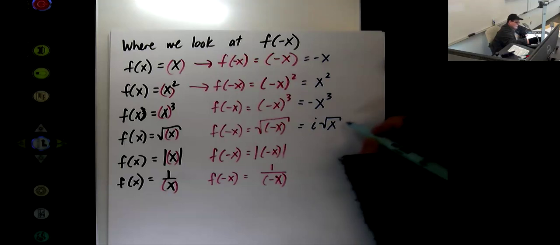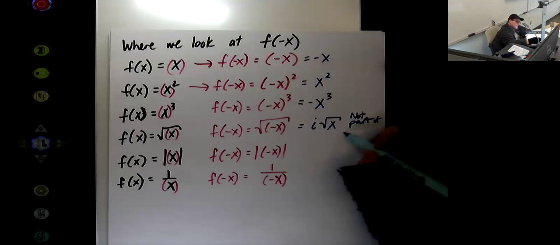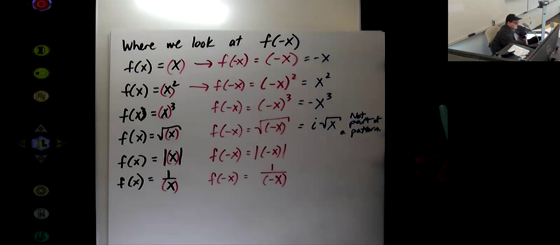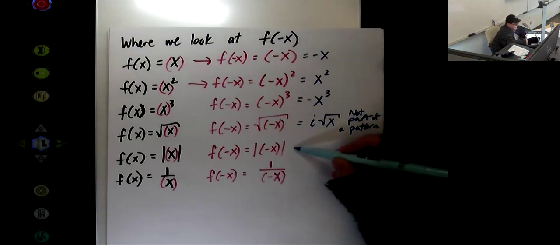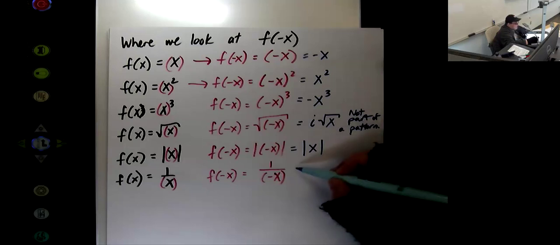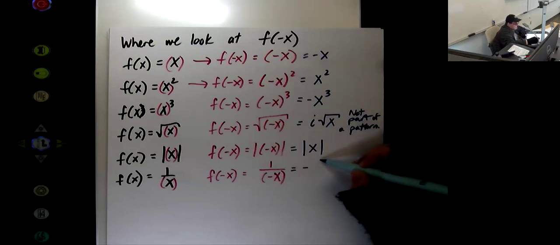But this isn't what I want to look at, so not part of the pattern. When you have imaginaries, it's a little bit different. Here, the absolute value of negative x is the same thing as the absolute value of positive x. It really is. And this is like negative 1 over x.